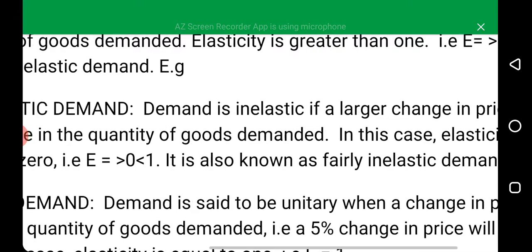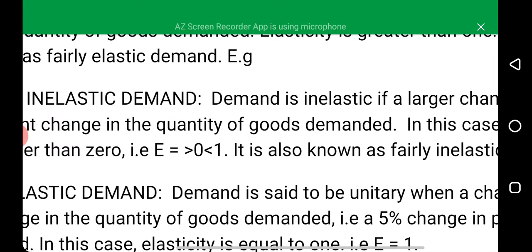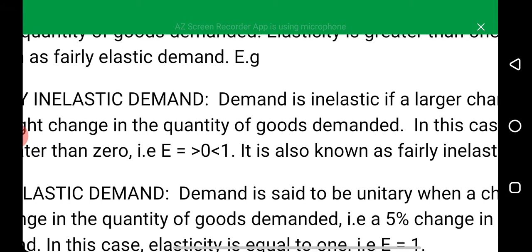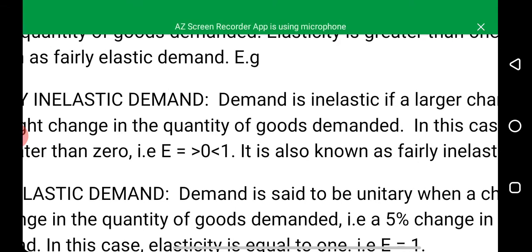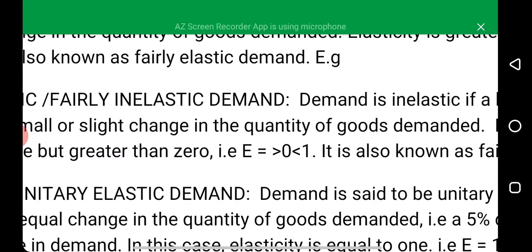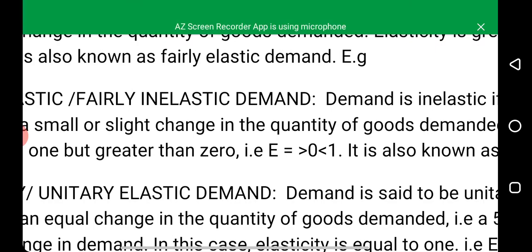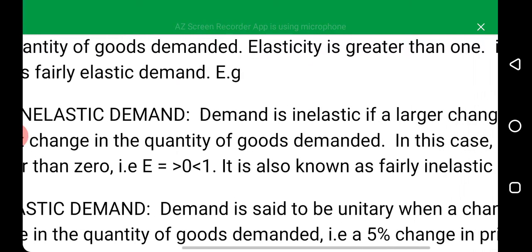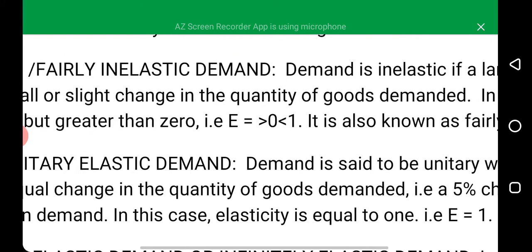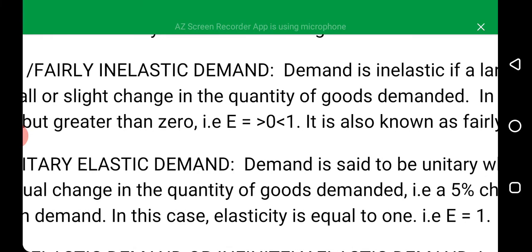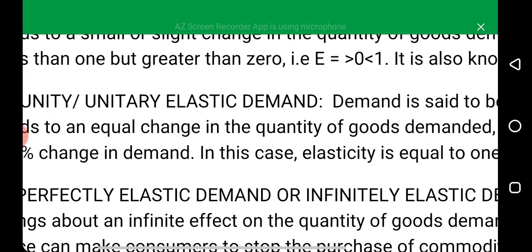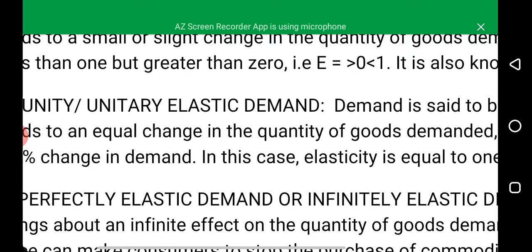Despite the reduction in price, the quantity demanded is just a bit increased, whereas a larger reduction in price is supposed to bring a larger increase in the quantity of goods demanded, but the case here is not like that. It brings just a slight change, and the larger change in price might be an increase in price as well. So this one leads to just a slight or small change in the quantity of goods demanded. So in this case, elasticity is greater than 1 but less than 0.